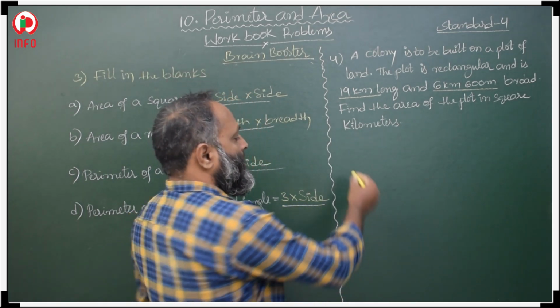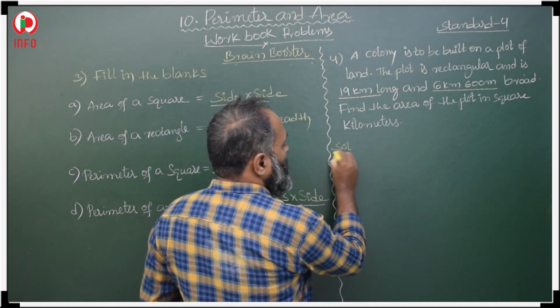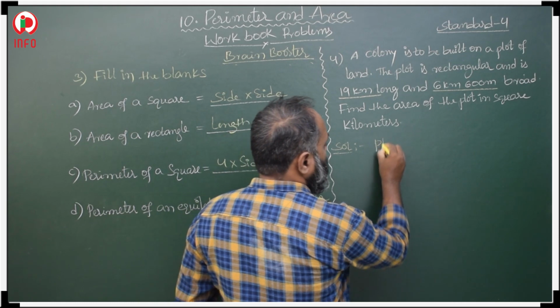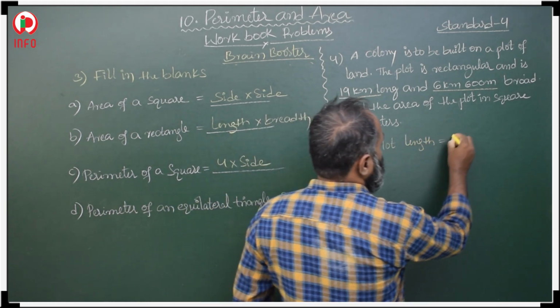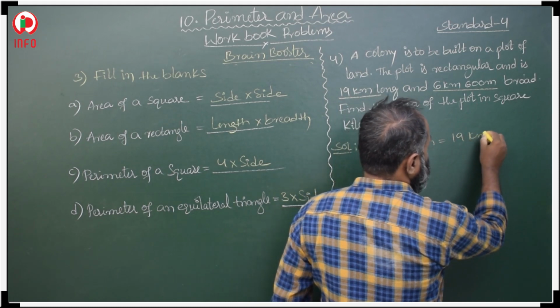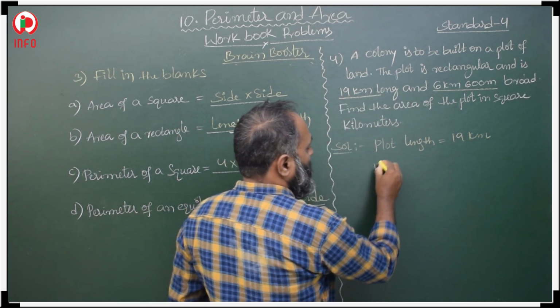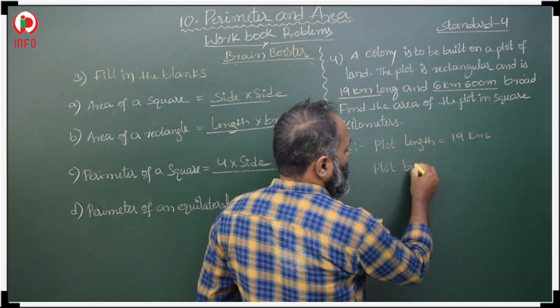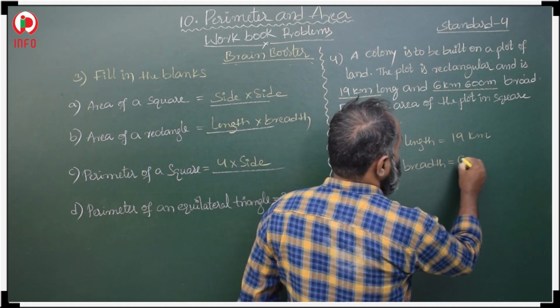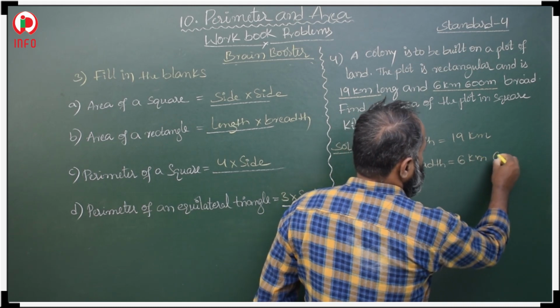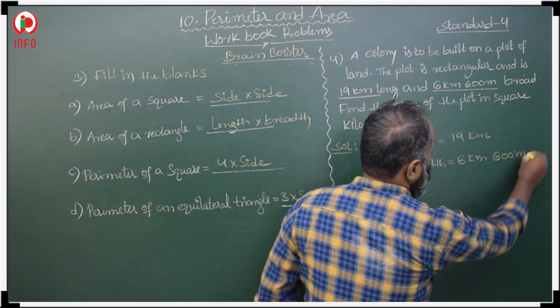Okay. See here, plot length is equal to 19 kilometers. Next, plot breadth is equal to 6 kilometers 600 meters.